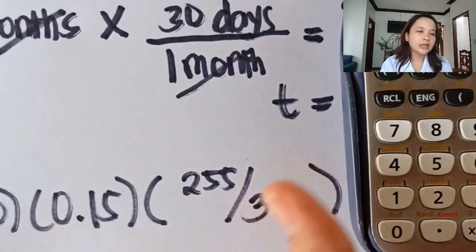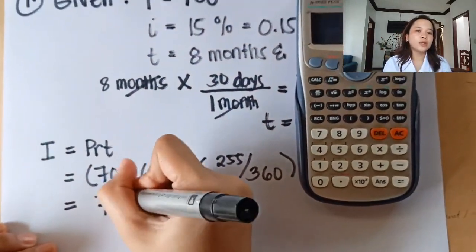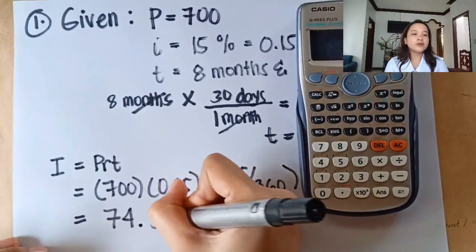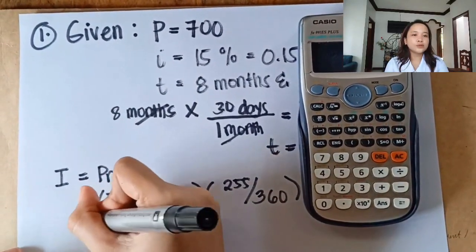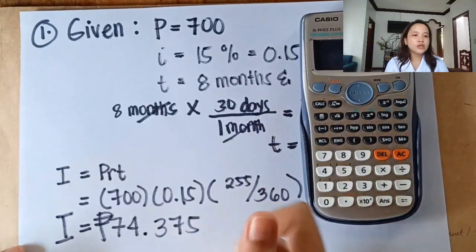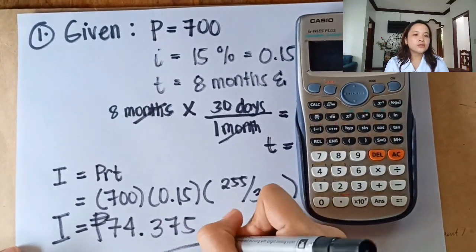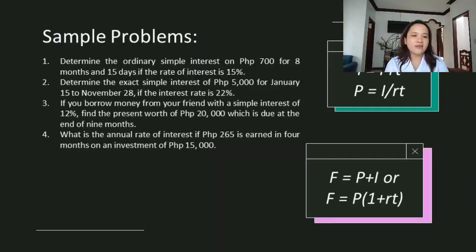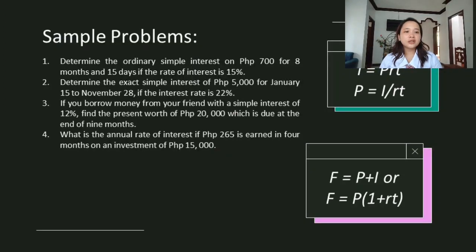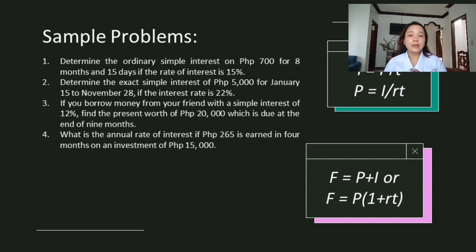We calculate it using a scientific calculator. So our interest for this problem is equal to 74 pesos and 0.375. Therefore, the ordinary simple interest based on the given is 74 pesos and 0.375.